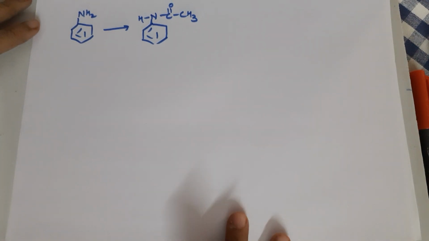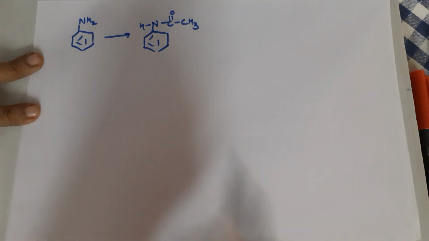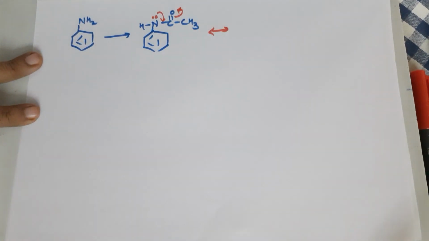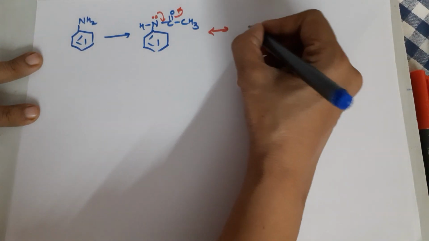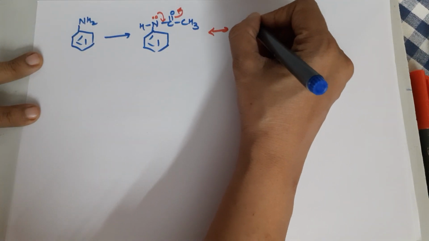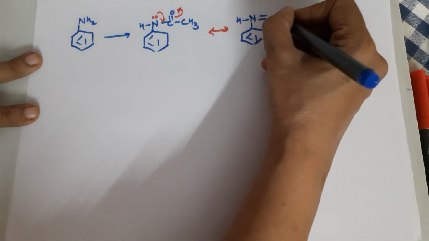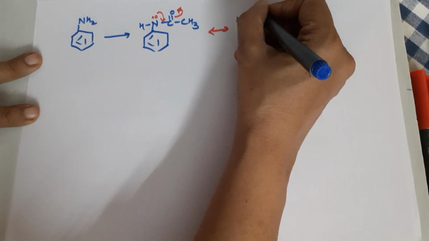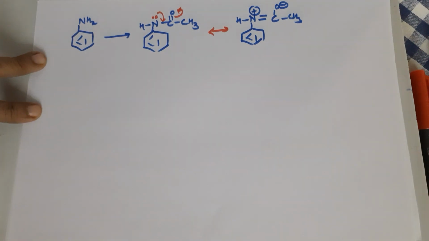The reason why we perform this reaction is so that this lone pair is utilized in resonance with the CO group of the acetyl attachment. So what you would get, N has H, the lone pair is used, a double bond, one electron of C goes here, and a CH3. Since you have used up the lone pair, N gets a positive charge.